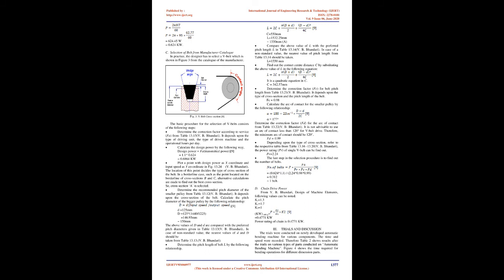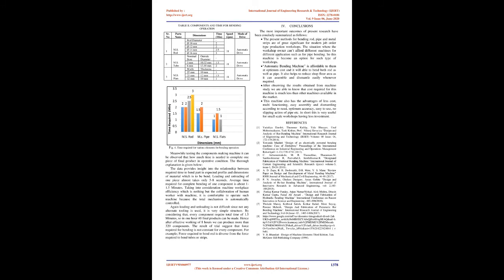FD equals 0.99. Depending upon the type of cross-section, refer to the respective table from Table 13.16 to 13.20, VB Bundari. The power rating, PR, of a single V-belt can be found out. PR equals 2.24. The last step in the selection procedure is to find out the number of belts.